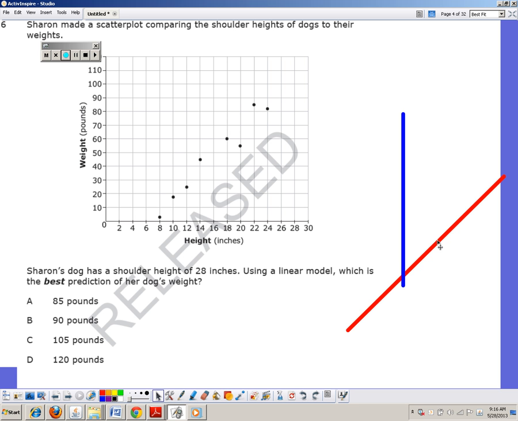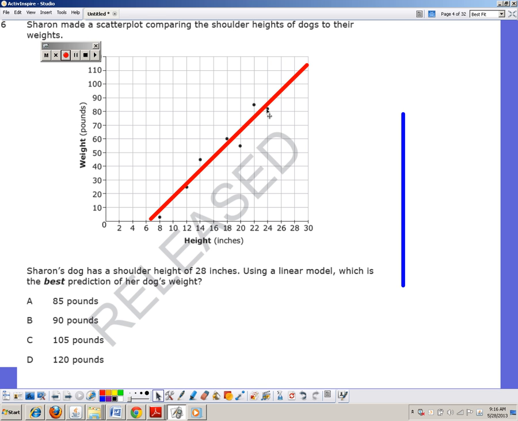So we're going to take a line and move it until it's either touching or is close to most of the dots. As you can see here, where I put the line, it's close to this first dot, touching the second one, close to the fourth one, and barely touching the sixth one.